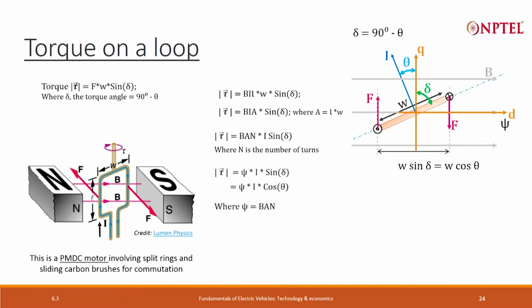Xi is BAN, and the vector way of expressing this is I cross xi. The force was expressed as I cross B, and the torque is I cross xi.